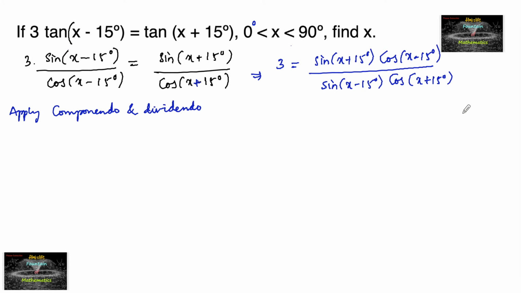Which states here, if a by b is equal to p upon q, which implies a plus b by a minus b is equal to p plus q upon p minus q.